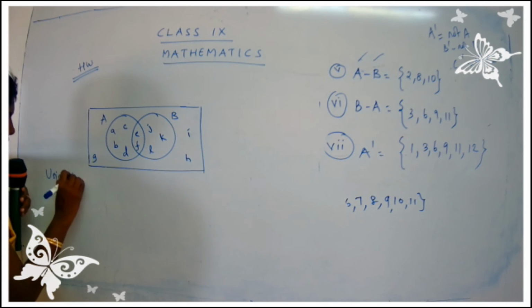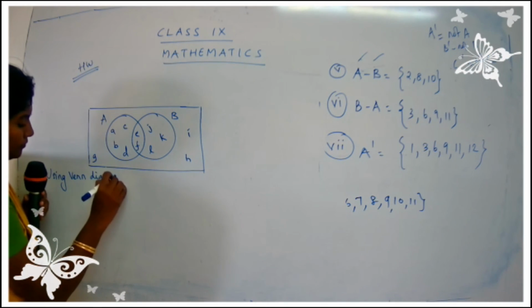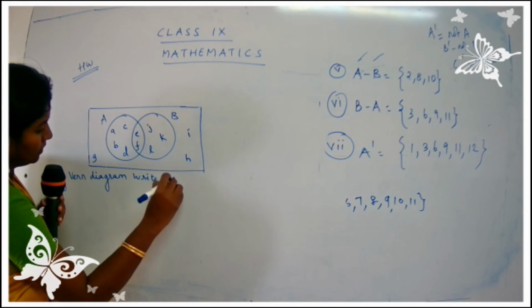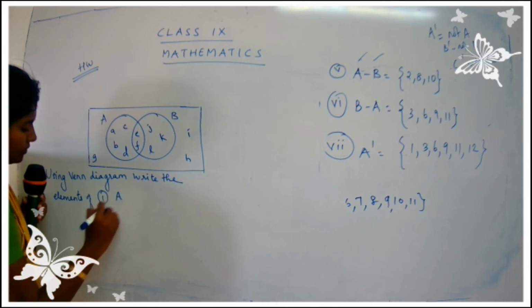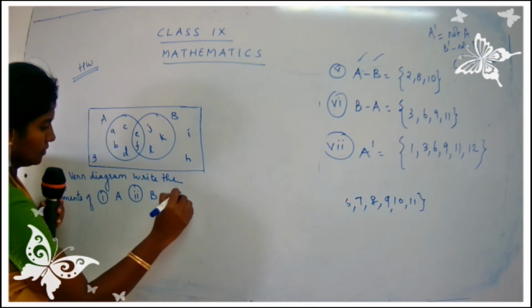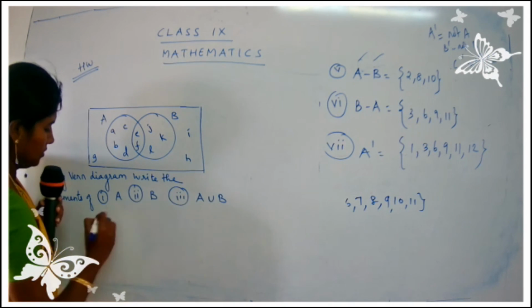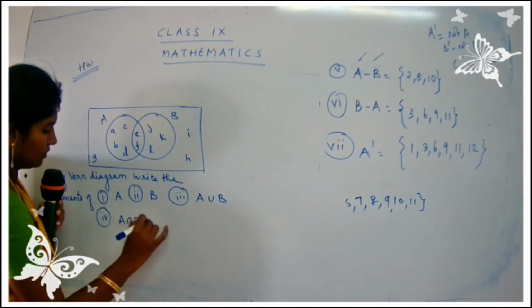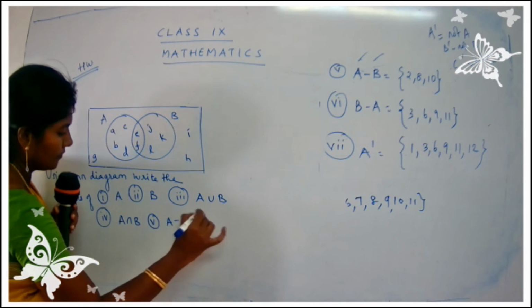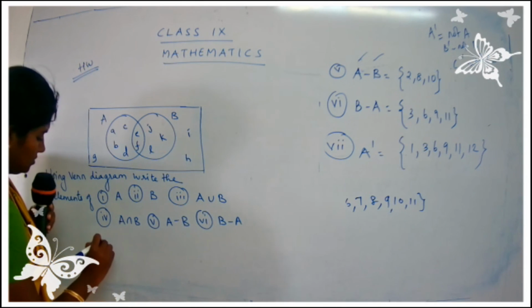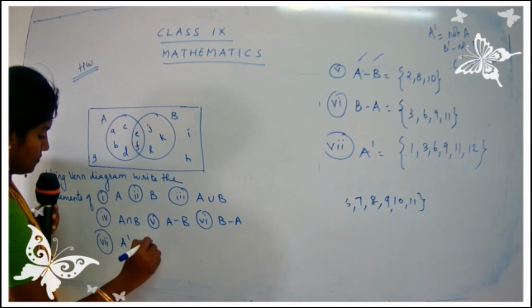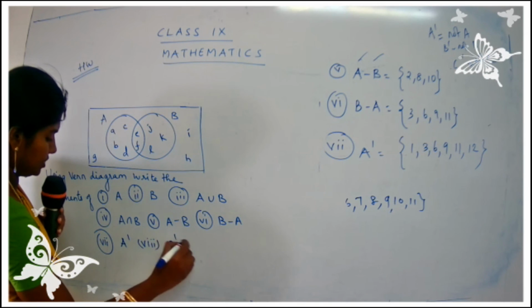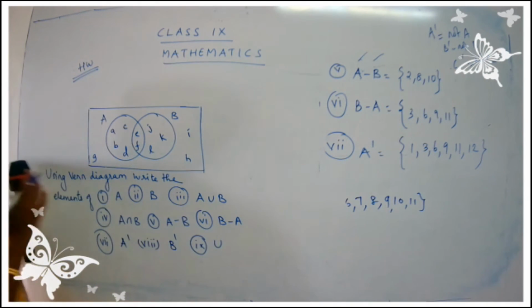Read the question. Using Venn diagram, write the elements of first A, B, A union B, A intersection B, A minus B, B minus A, A dash, B dash, U. Same like how we have done our first question in the classwork, children.